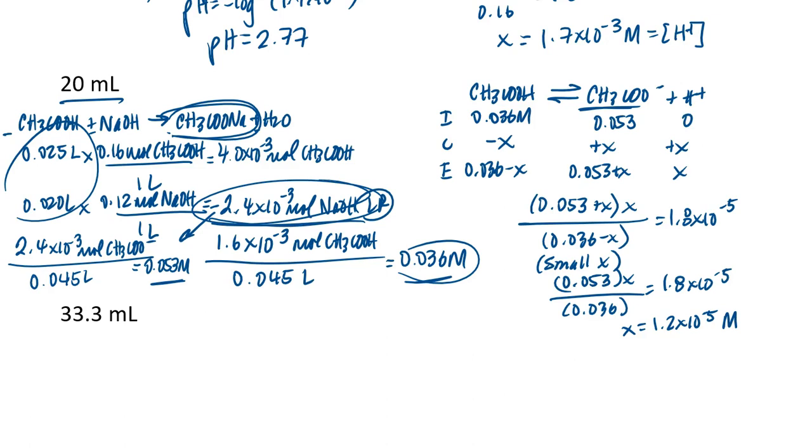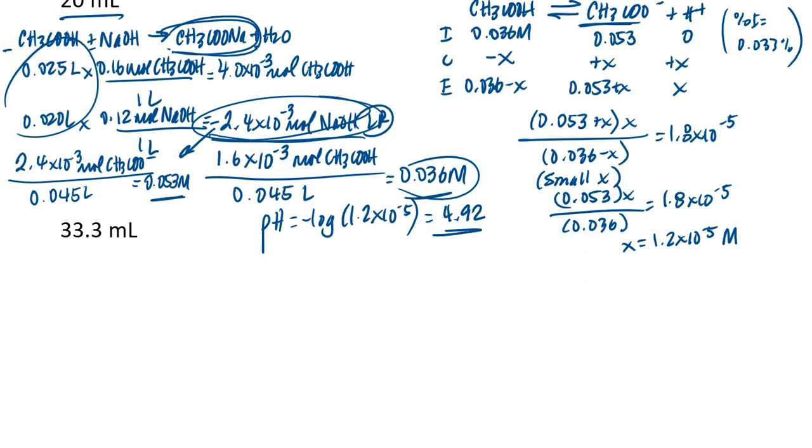All right, now again, I'll leave you to check the percent ionization. But if you calculate the percent ionization in this case, you get 0.033%, so still well within our limits where we consider this a valid assumption. And the pH in that instance would then be the negative log of 1.2 times 10 to the negative fifth. And so I end up with a pH here of 4.92.